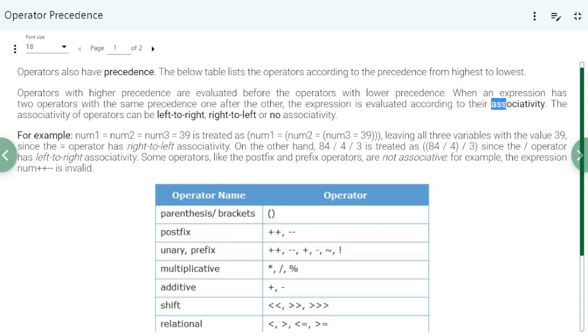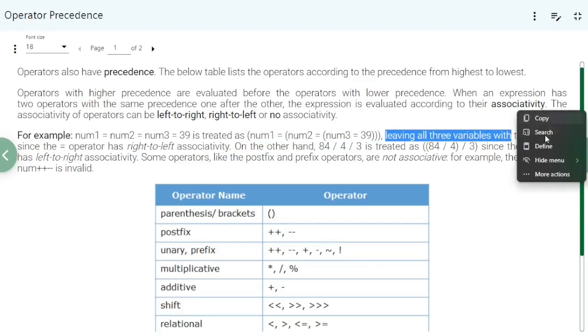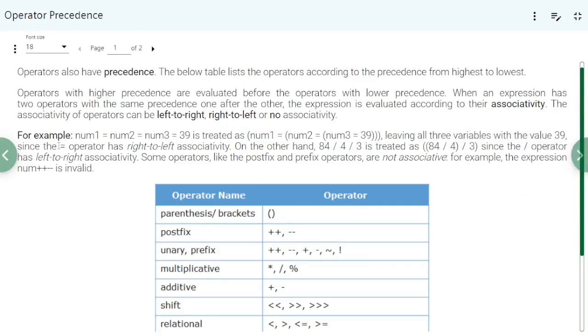So associativity of parenthesis is from right to left, right? Like that. So leaving all three variables with the value of 39 as we have seen. So see, equals operator has right to left associativity. On the other hand, when we say 84 divided by 4 divided by 3 it is treated like this.